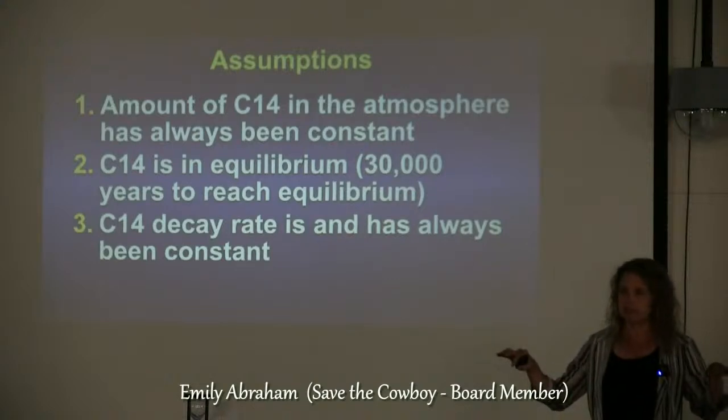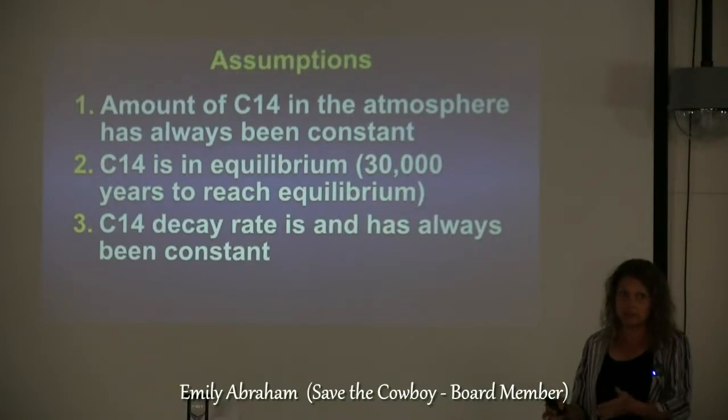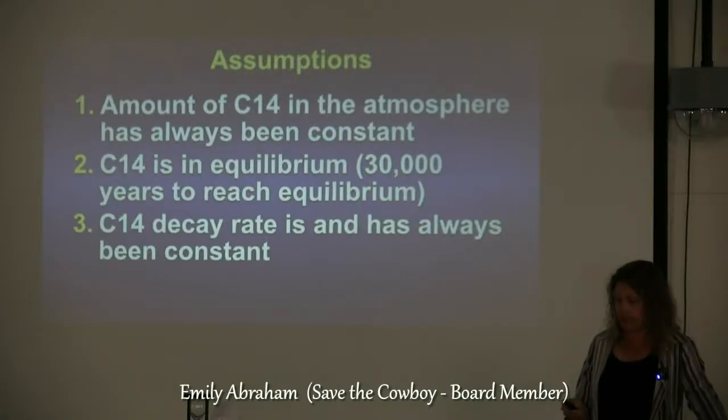Is it at equilibrium? No. So the Earth is not even 30,000 years old. Just because of this, we can see that. The decay rate, we don't know it's always been constant. We have no idea. There's no way science can know that. That would be historical information.